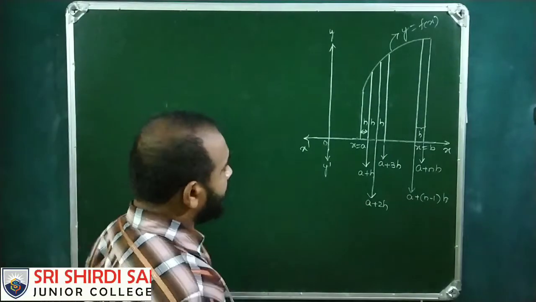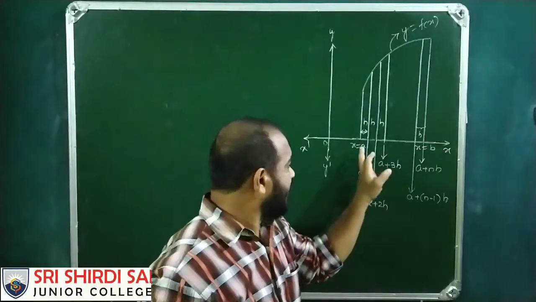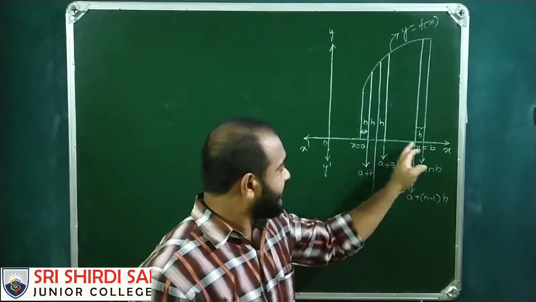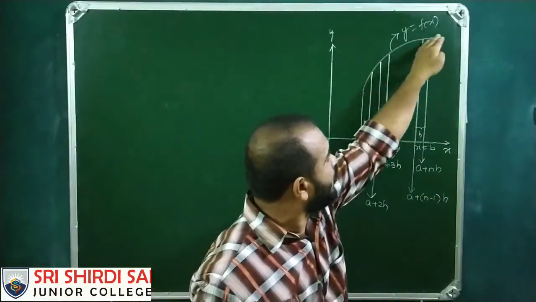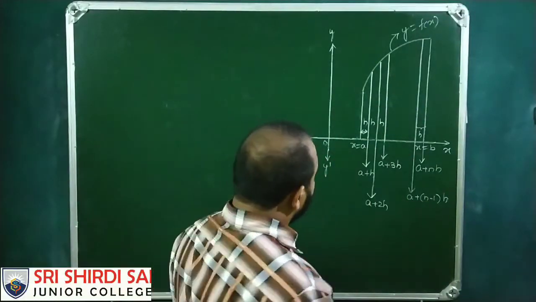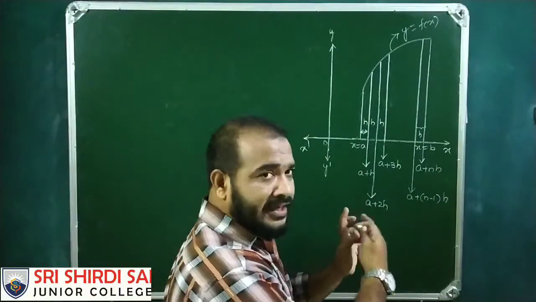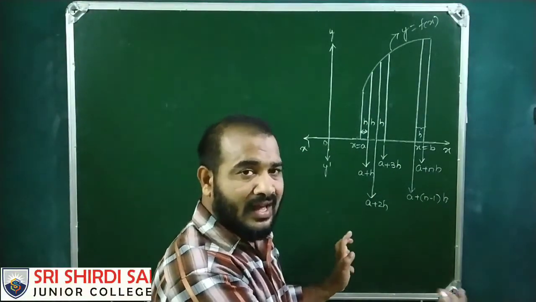Now, the area of the region bounded by the curve y equals f of x, x equals a, x equals b and the x axis. Since this is not a regular curve, for which we have split n rectangles, each having the width h.